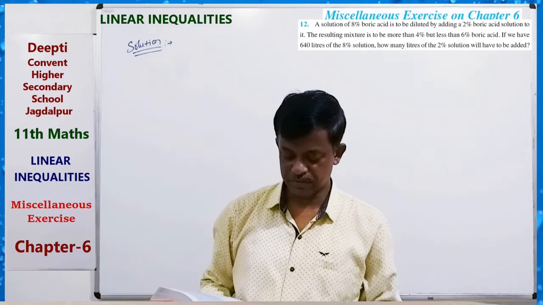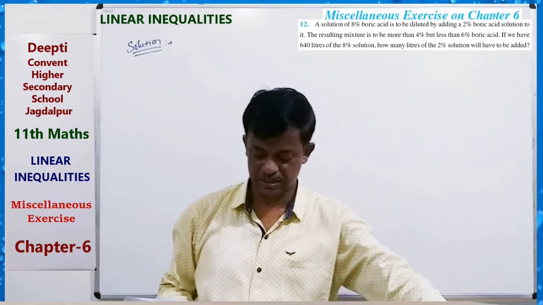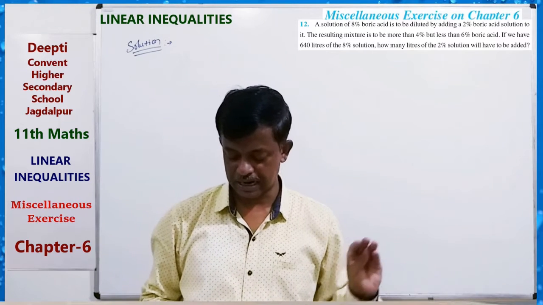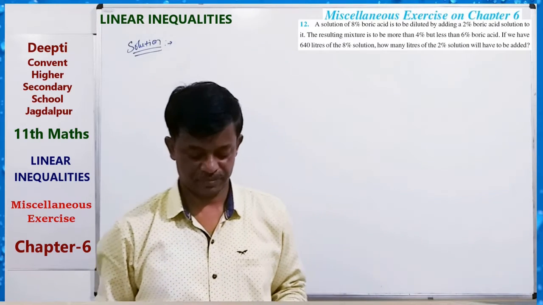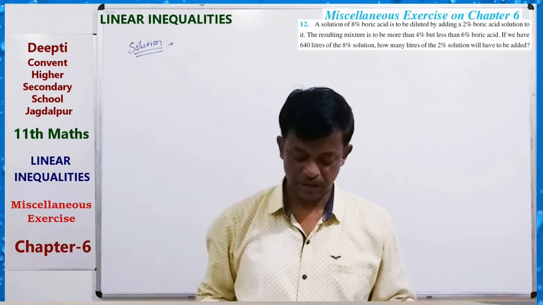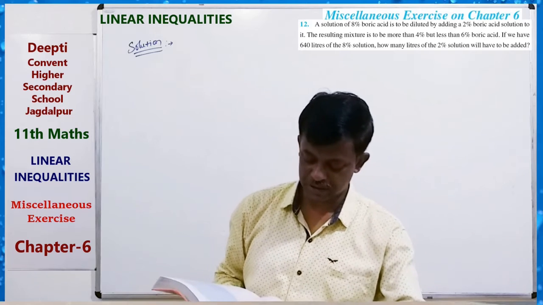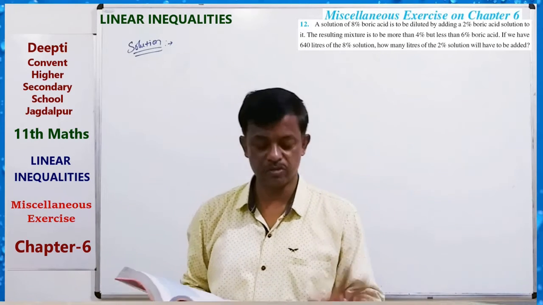We have to dilute the 8% boric acid solution by adding 2% boric acid solution.